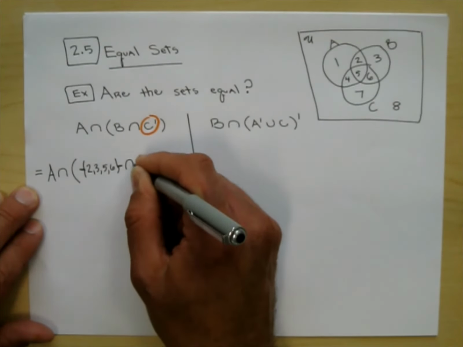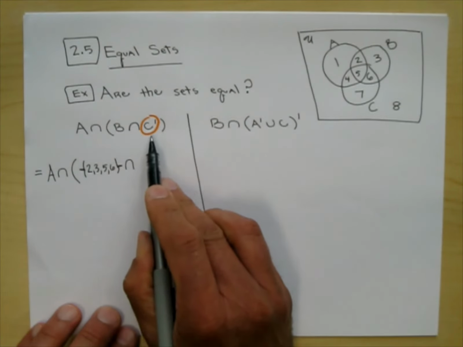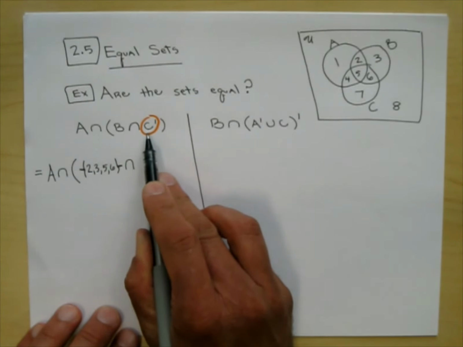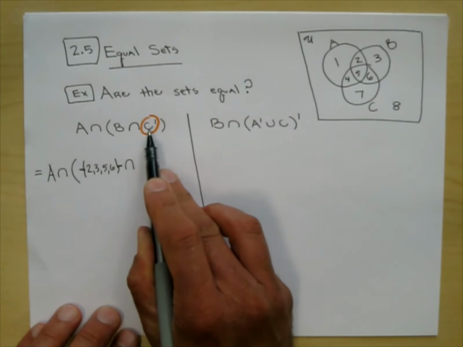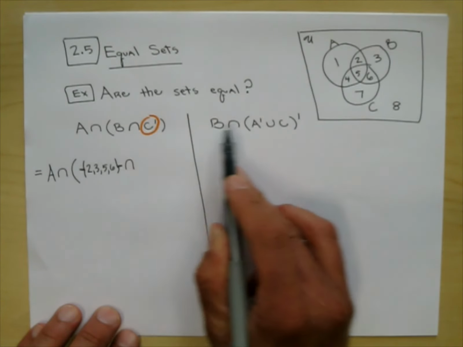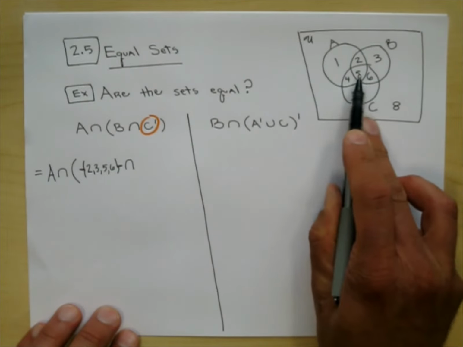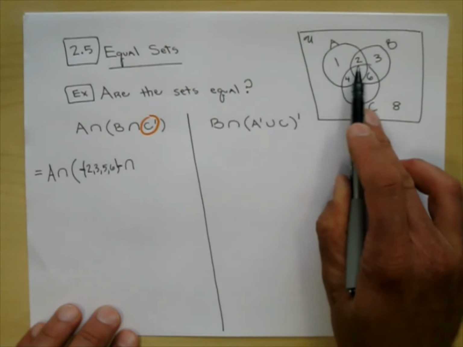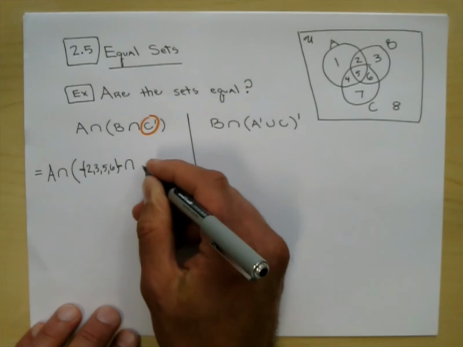And then we have intersect C complement. Because I am skipping a step, I'm not writing C out and then putting the complement. I'm going to just go C complement, which is, I look over here and I say, what is not in circle C? That's the complement. It is 1, 2, 3, and 8.